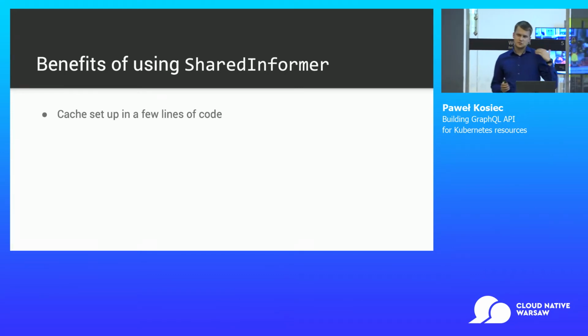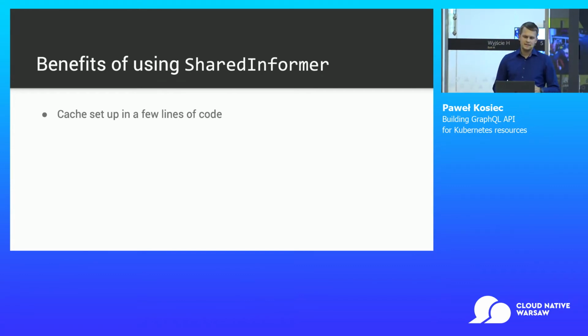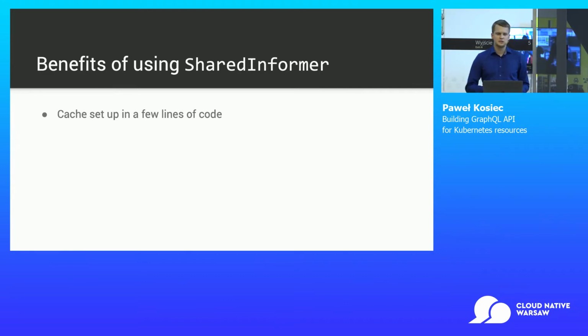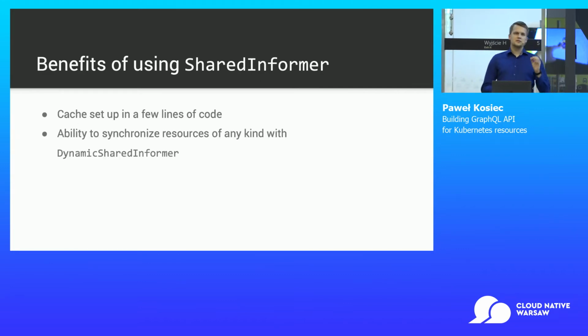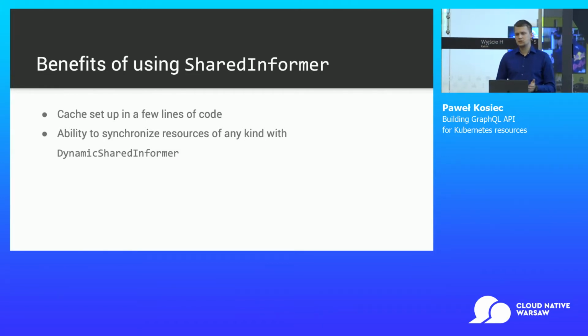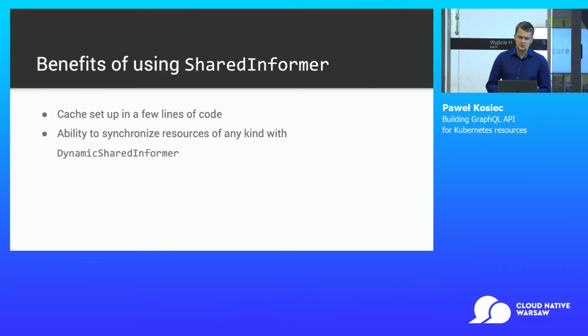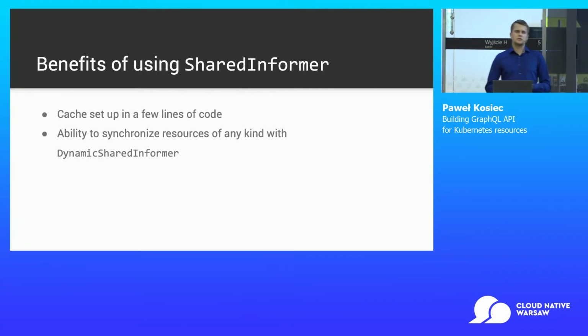There is just one list request to the Kubernetes API server, and then the informer establishes one single connection to watch for updates. And you can set up the whole cache store in a few lines of code. And you can synchronize resources of any kind.